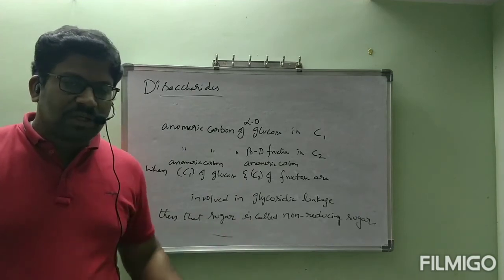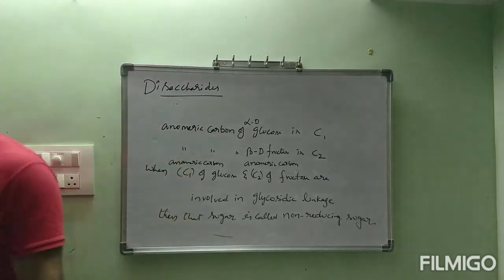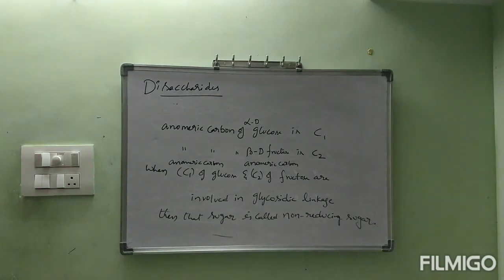Sucrose is over. Now read once: the anomeric carbon of alpha D glucose is C1, and the anomeric carbon of beta D fructose is C2.